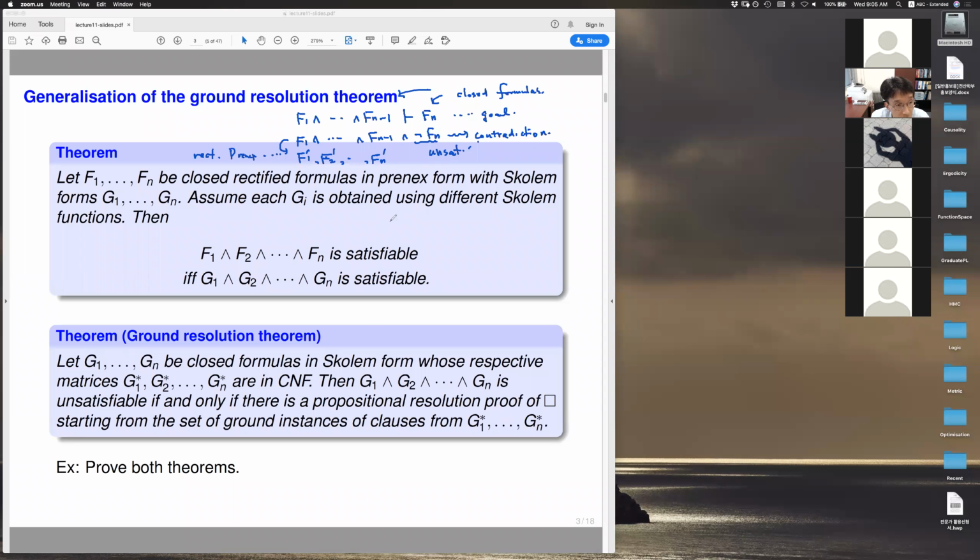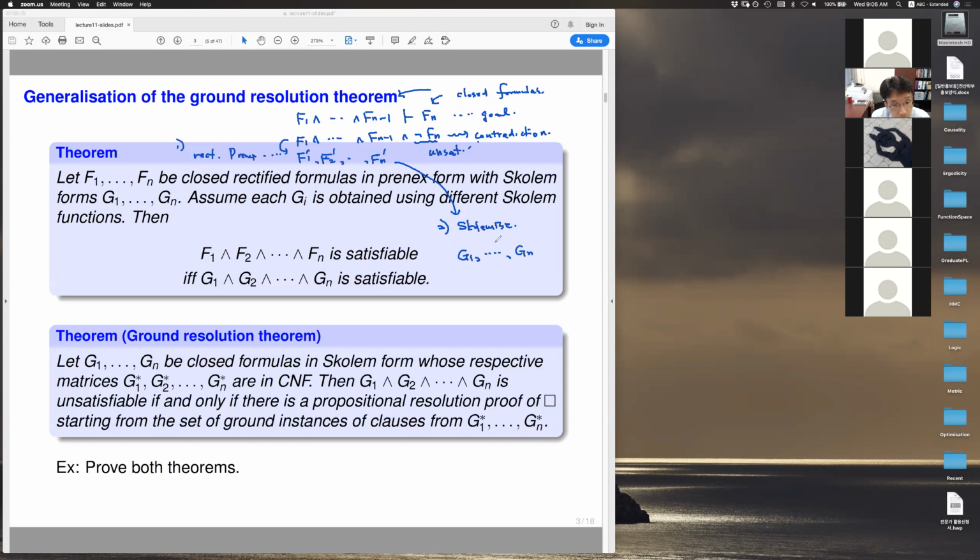This is step one. For the next step, the theorem tells us we Skolemize each of them separately, but make sure we are using different Skolem functions or Skolem constants. This is the second step that we do based on this theorem. If we Skolemize, we end up with G1 up to Gn.